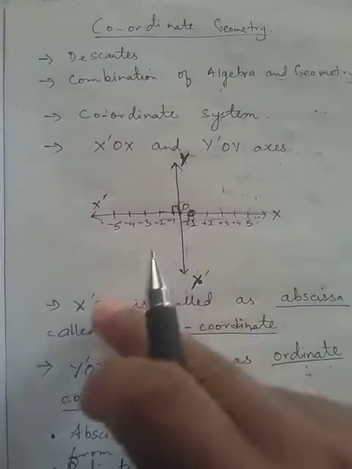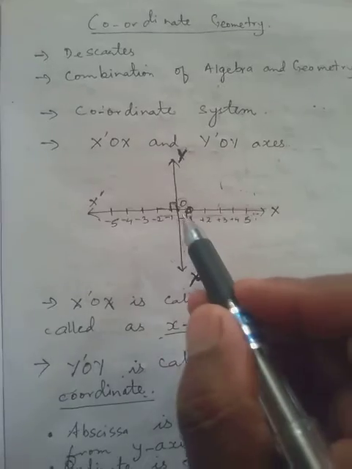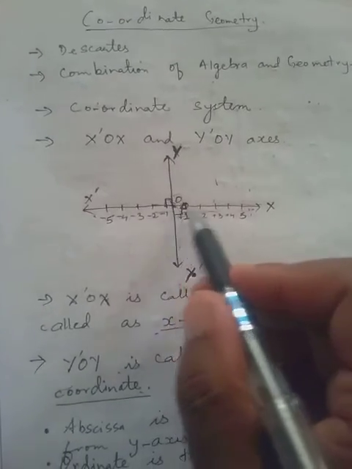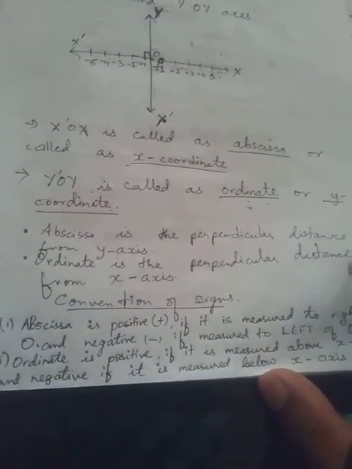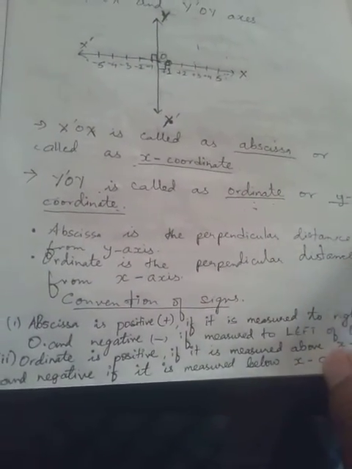So on the abscissa, from the origin to the right it is positive, and from the origin to the left it is negative. All right, then the ordinates.